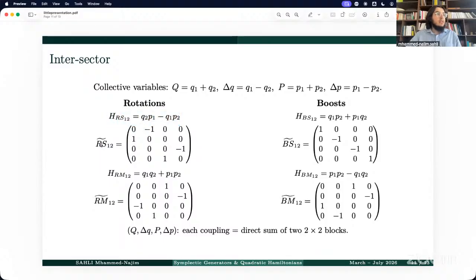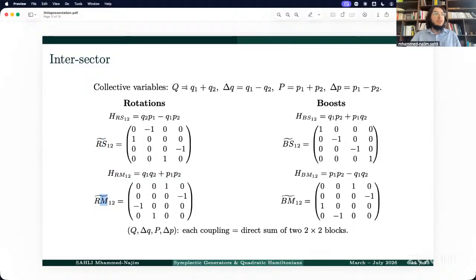A little bit of terminology here: the R and the B stand for rotation and boost, and the S or M stand for separated, when we have dynamics separated from one kind of variables to the other, and mixed, when those are mixed.